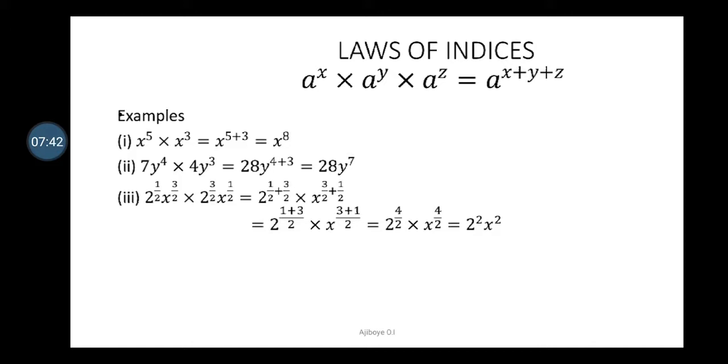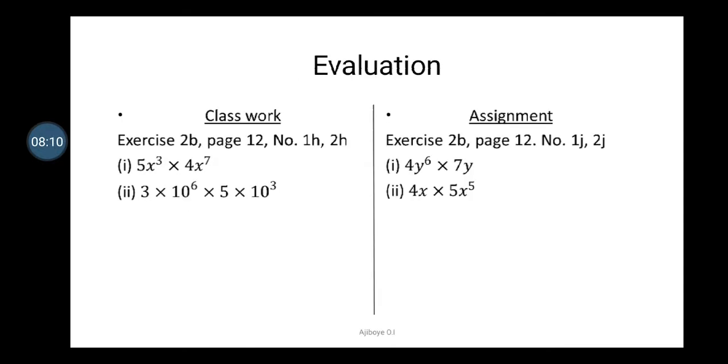So that will give you 2 raised to power 1 plus 3 over 2 times x raised to power 3 plus 1 over 2. 1 plus 3 is 4. So you have it to be 2 raised to power 4 over 2 and x raised to power 4 over 2. So that will give you 2 raised to power 2 times x raised to power 2. So it is important you take note of that.